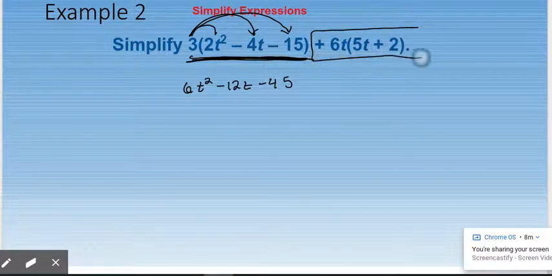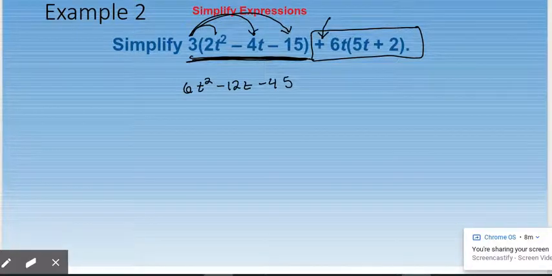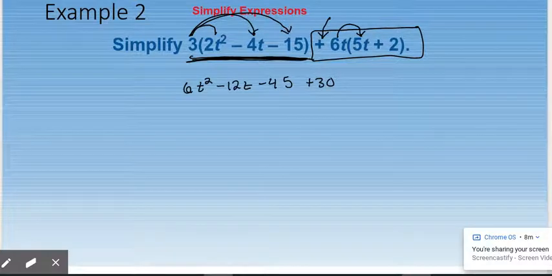Now I'm going to work on the second one. You do have to pay attention here, whether that's positive or negative. It's really important. We have 6t times 5t. 6 times 5 is 30. Remember, t to the first times t to the first, I have to add those exponents.